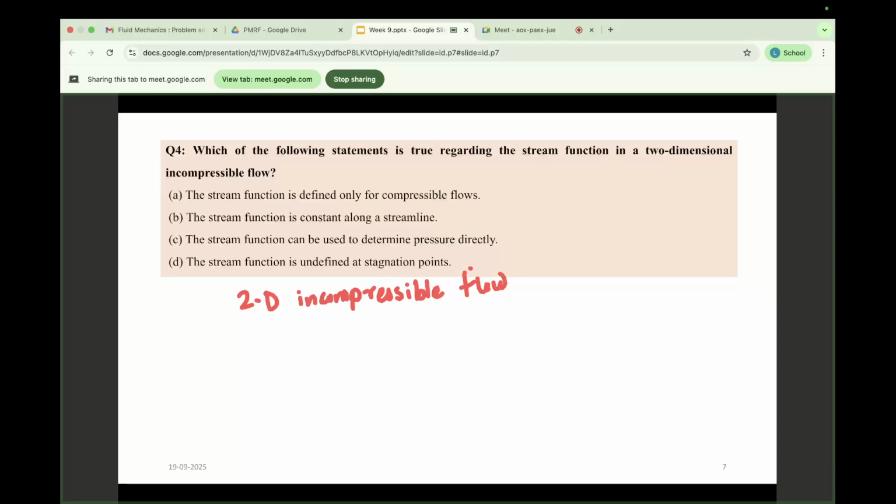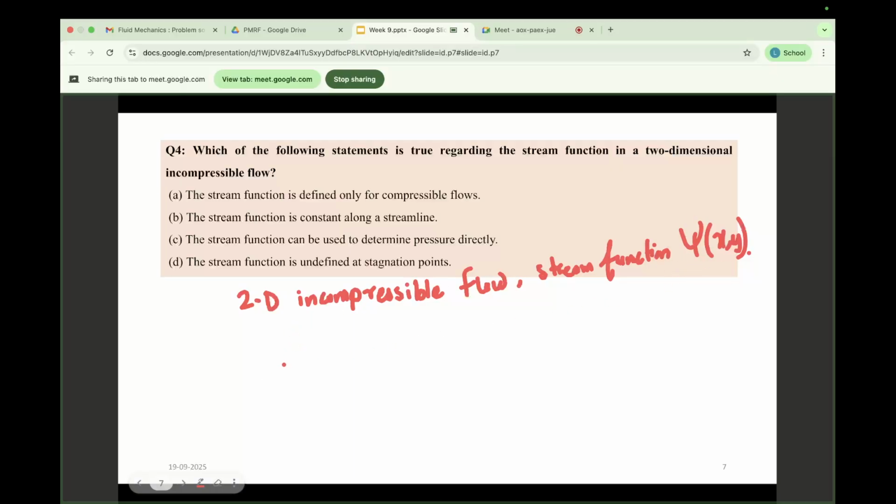So, in case of 2D incompressible flow, the stream function psi is a function of x and y. Here these velocity components are derived from this psi. Okay.